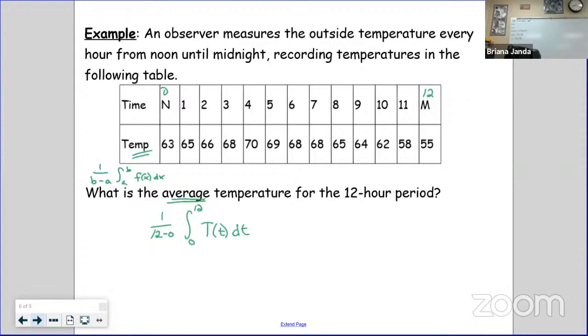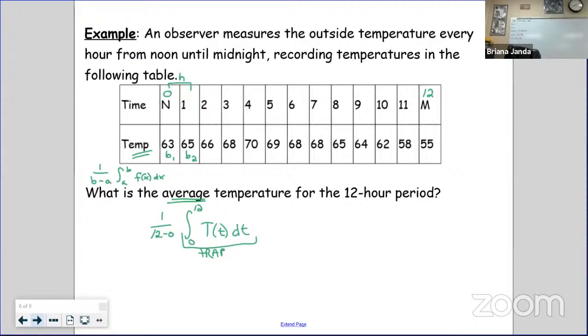So what we're going to use today, since we're talking trapezoidal, is a trapezoidal approximation for the area here. Okay. So when doing a trapezoidal approximation in a table, remember that if I were to graph this, right here is the height of our trapezoid. This would be base 1 and this would be base 2, right?